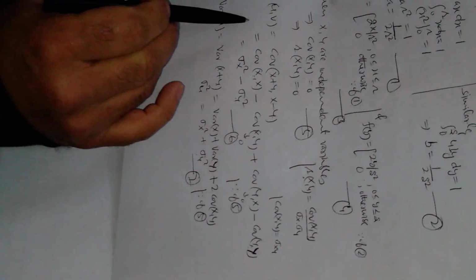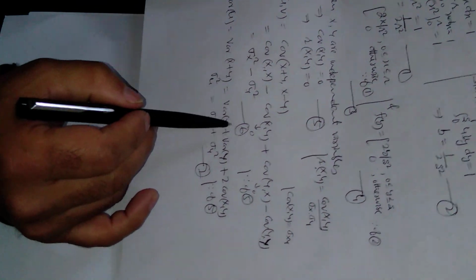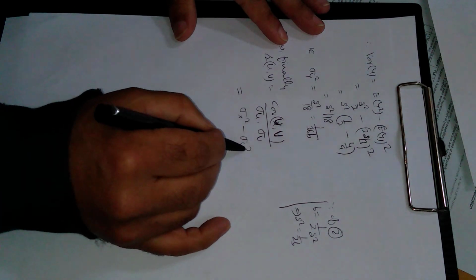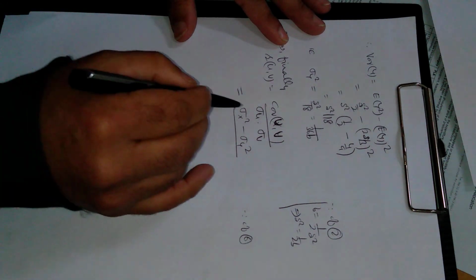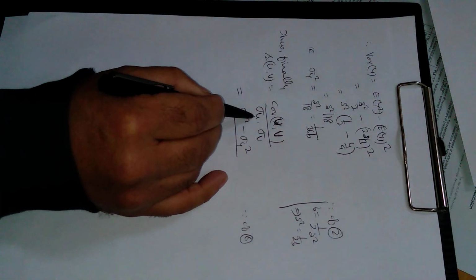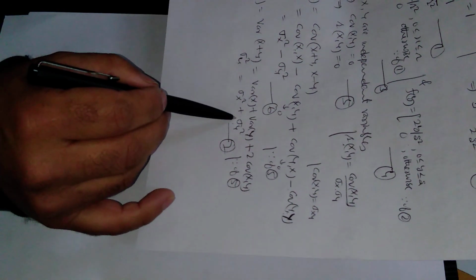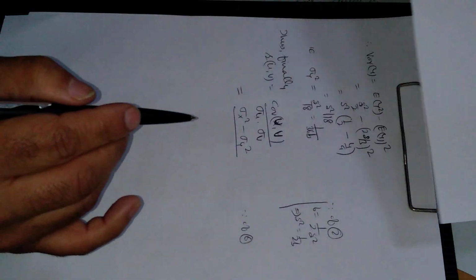Covariance between u and b is sigma x square minus sigma y square, because of equation 6. This is sigma x square minus sigma y square, whole divided by sigma u, standard deviation with respect to u. We have evaluated variance with respect to u is this one, so standard deviation will be the square root of this one, equation 7.